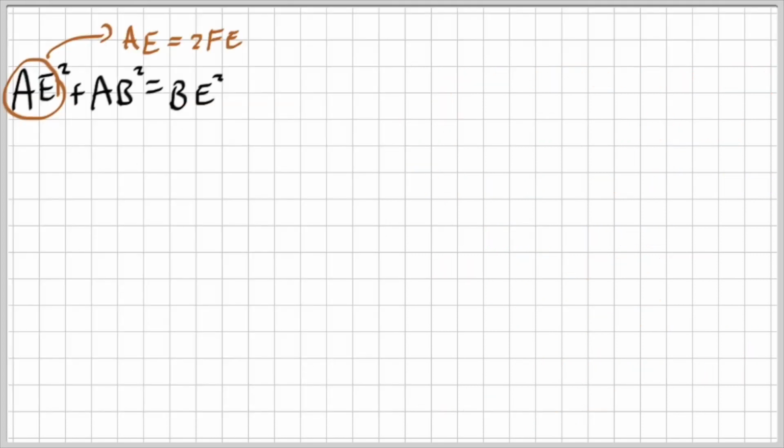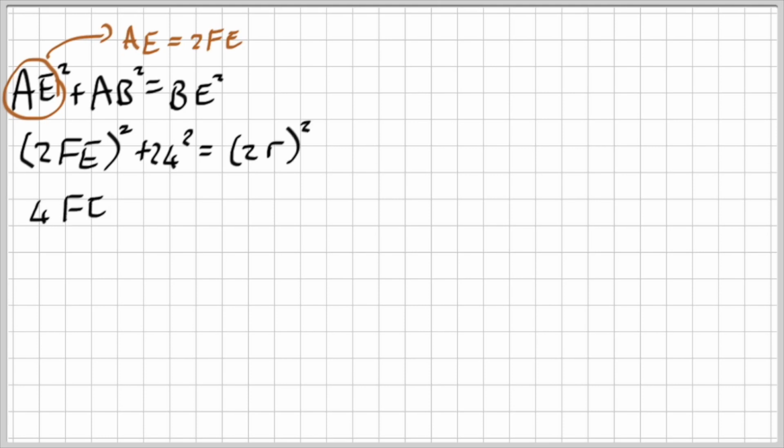If I look at what was given, I'm trying to relate AE squared, remember that's the original Pythagoras one that we have, to this new bit of information. Well, AE is twice FE. So I'm substituting the values in. Let me not go too fast there. Remember that AE is twice FE.